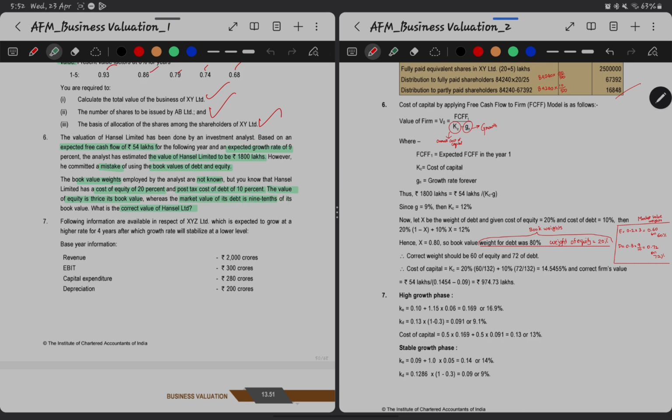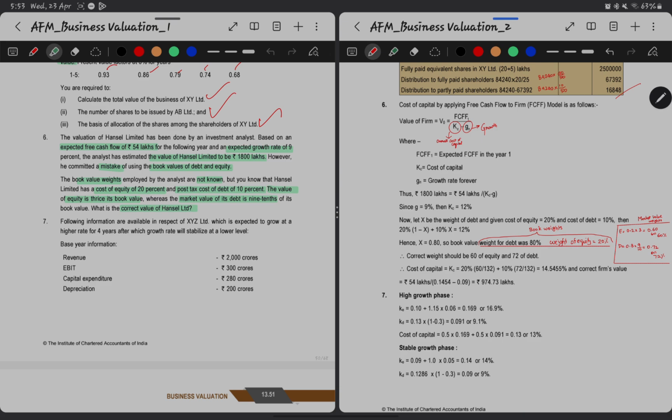So anyway we need the book value of equity and debt, then only we can calculate the weights. Then multiplying with the cost of equity and cost of debt will give us the total cost of capital of the firm, adjusted to the market values. Then we can easily calculate by the free cash flow, because we know the free cash flow here.